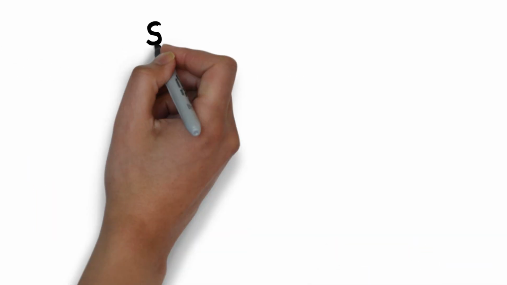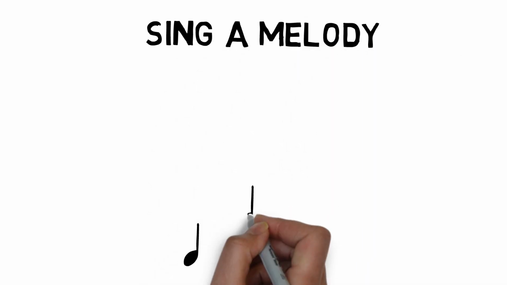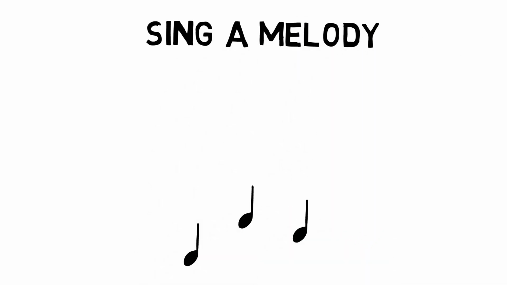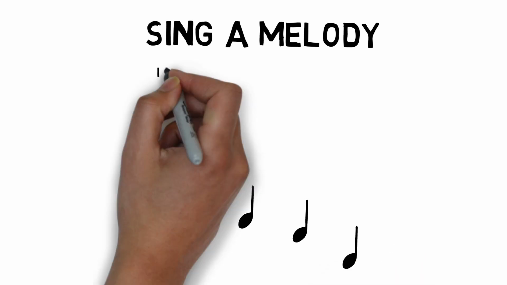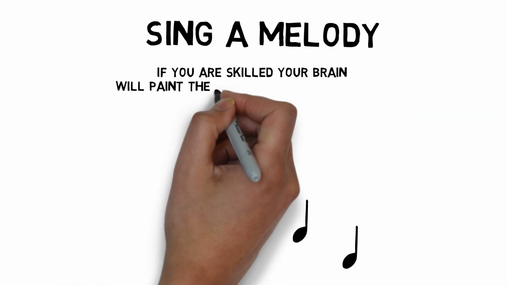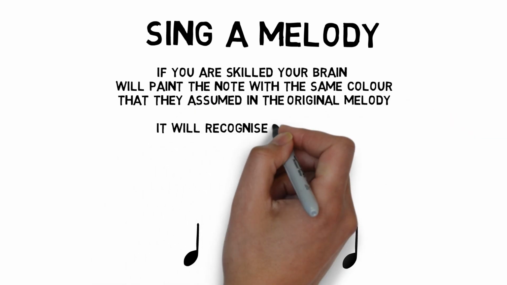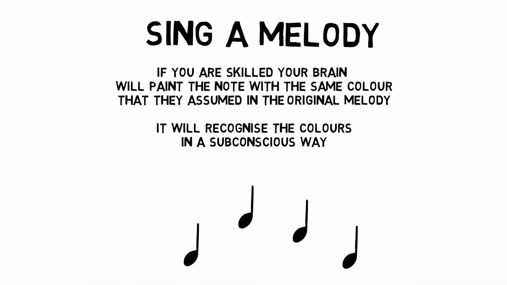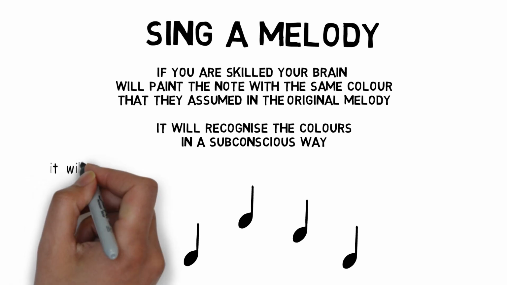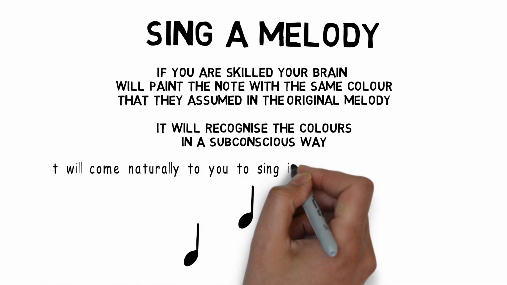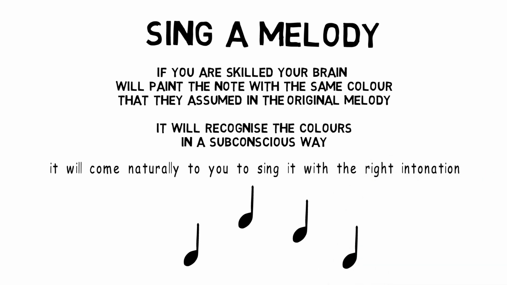Let's suppose that you want to sing a melody. If you're skilled, your brain will paint the notes with the same color that they assumed in the original melody, in an automatic way, because subconsciously it will recognize the different colors contained in the melody, so it will come naturally to you to sing it with the right intonation.